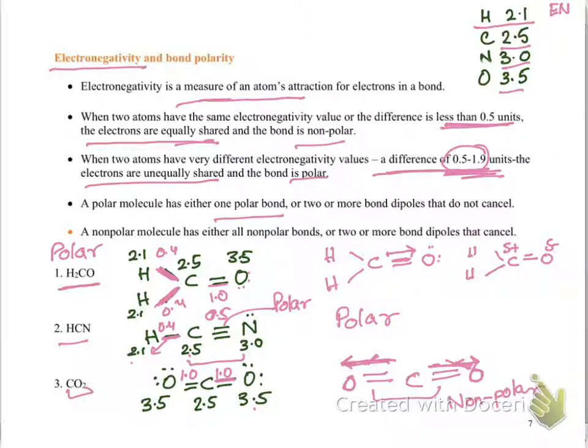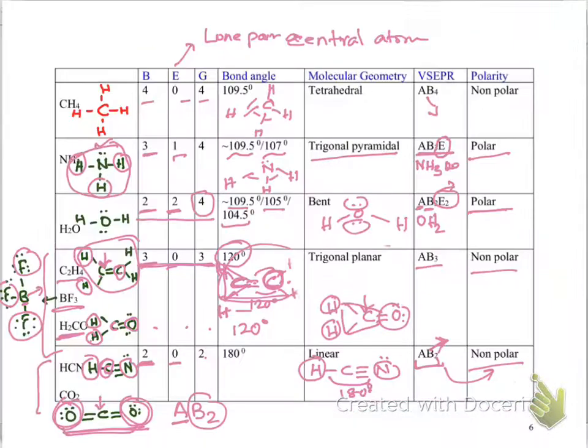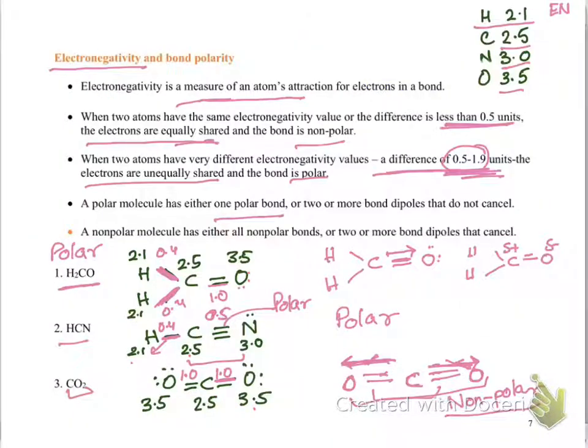Because these electrons are getting pulled in opposite directions with equal strength, basically it seems like nothing is happening. So we call the molecule nonpolar. But for this molecule, you can also tell the molecule is nonpolar based on my last example here, because this is an AB2 case. And if it is an AB2 case, then the molecule is nonpolar.